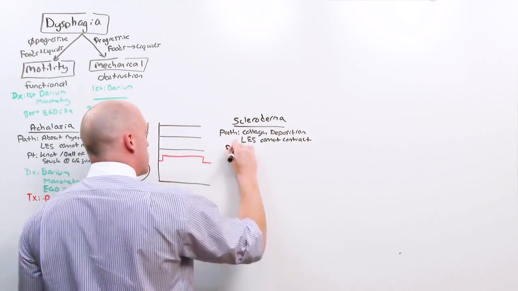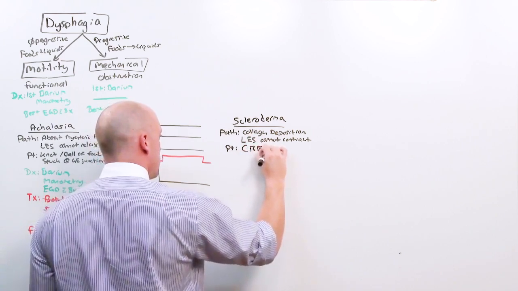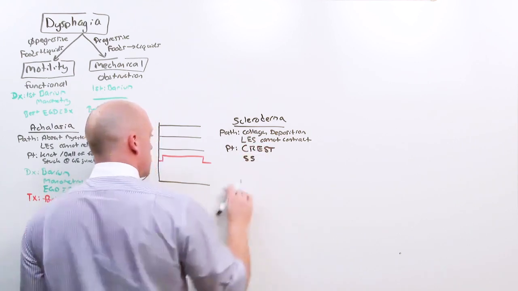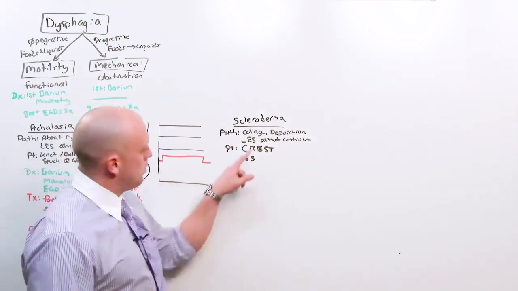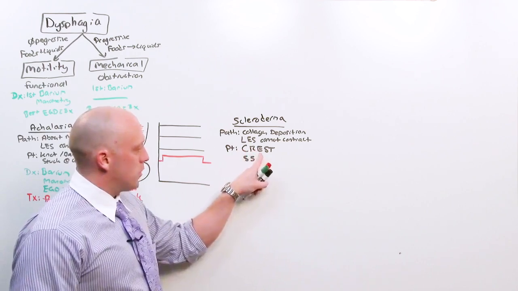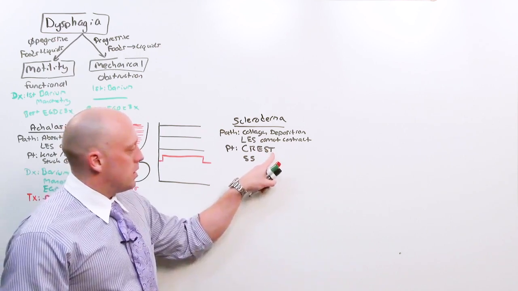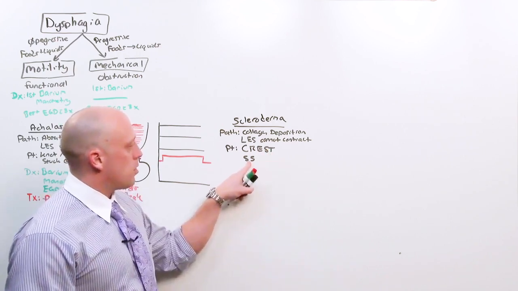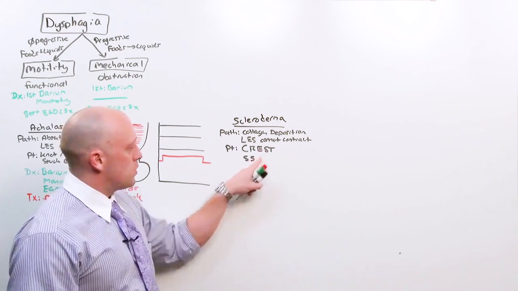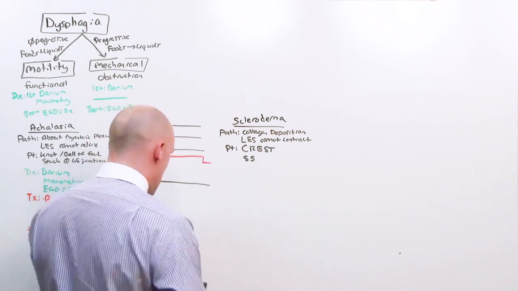The patient is going to present with the symptoms of scleroderma or systemic sclerosis: calcinosis, Raynaud's, esophageal dysmotility, that's what we're talking about here, sclerodactyly and telangiectasias, or pulmonary, kidney, heart involvement. Both of these disorders can present with this sort of esophageal dysmotility.